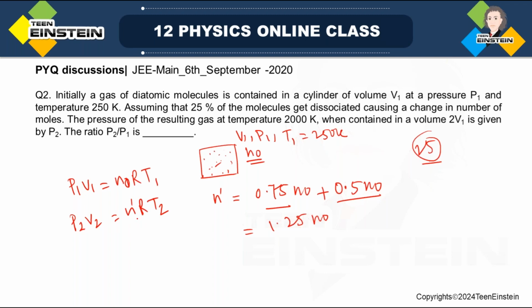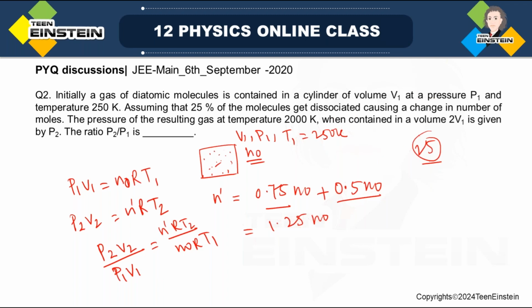Now if I take the ratio, P2 V2 by P1 V1 is equal to n prime R T2 divided by n0 R T1. Look now, this P2 is given here.